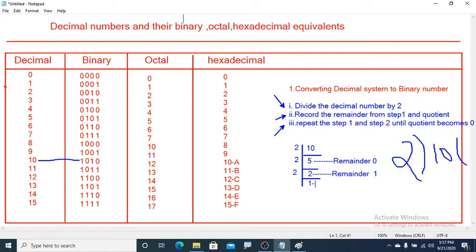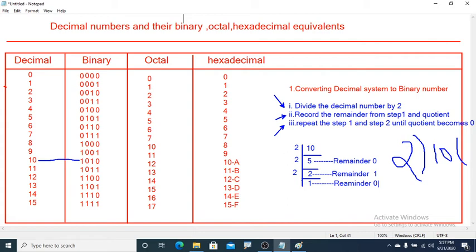What is the remainder? The remainder is 0.